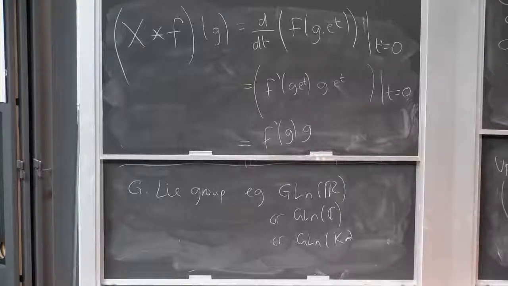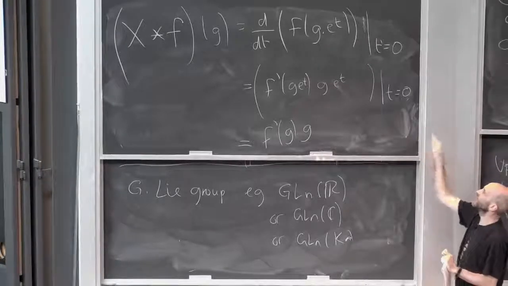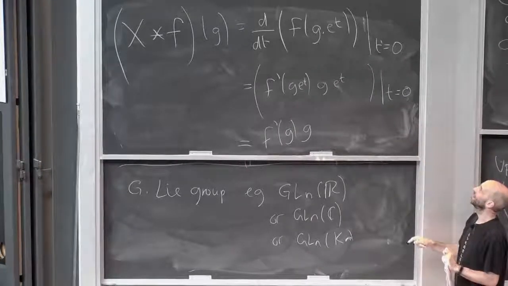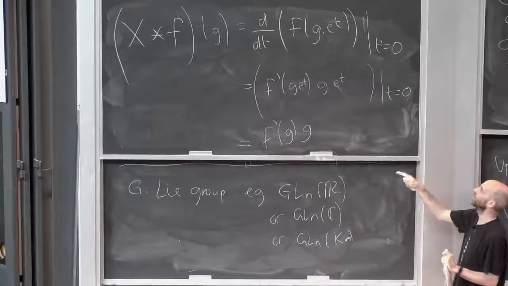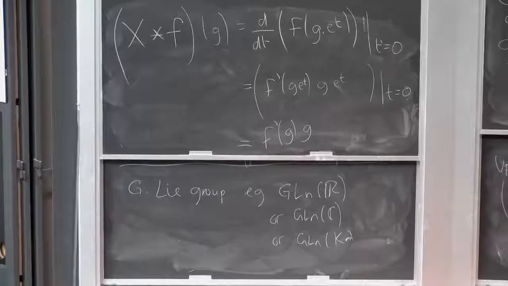I should maybe put an h here. Whereas changing g to g times h is more complicated, because g times h times e to the t is not the same as g times e to the t times h, you see. So changing g to g times h will have a much more disastrous effect on the calculations. So I think that observation must prove this. So these are left invariant differential operators.